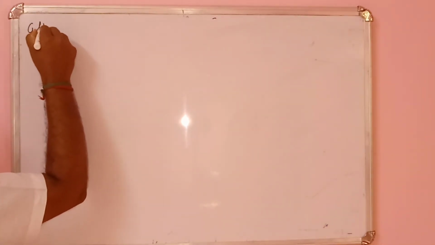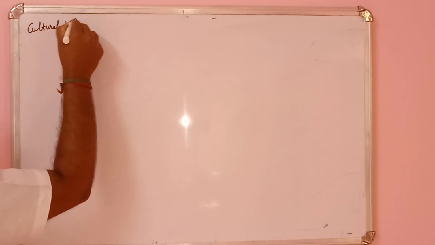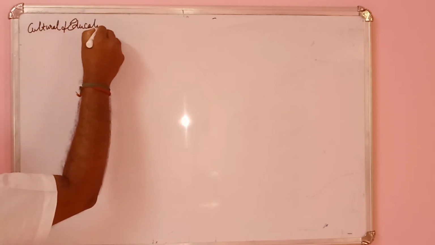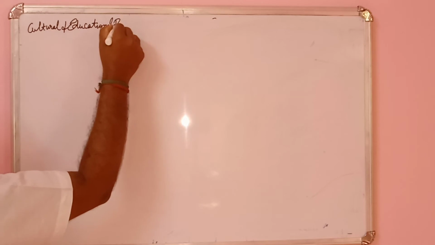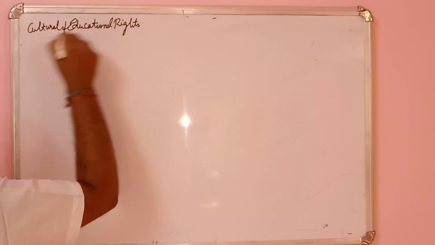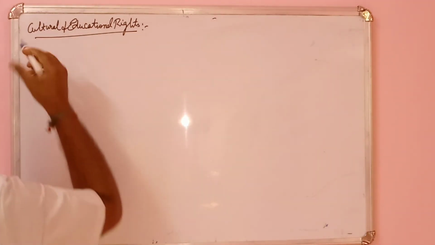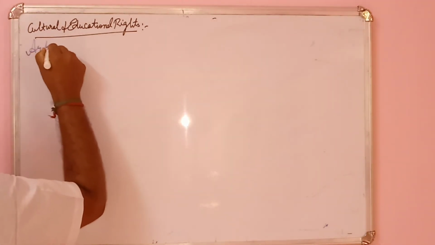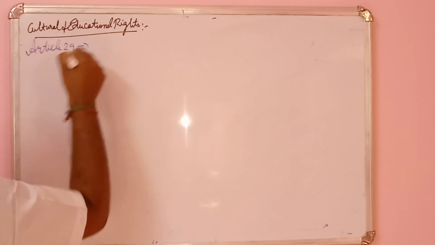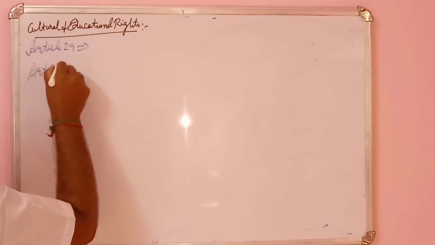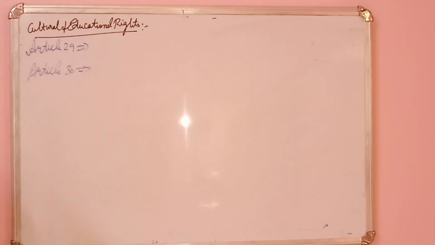Next one is cultural and educational rights. There are two articles, Article 29 and Article 30. What is meant by Article 29?